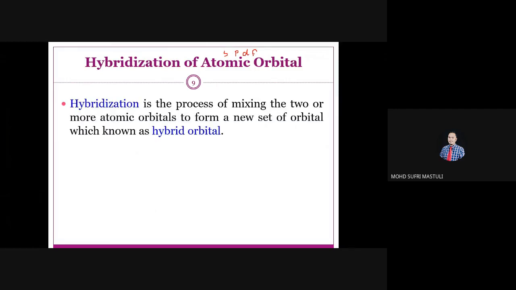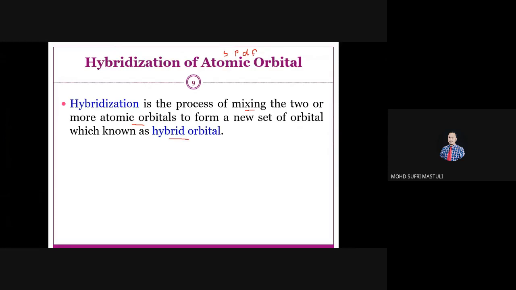First of all, this is the explanation about hybridization. Hybridization is the process of mixing two or more atomic orbitals to form a new set of orbitals. We call it hybrid orbital.